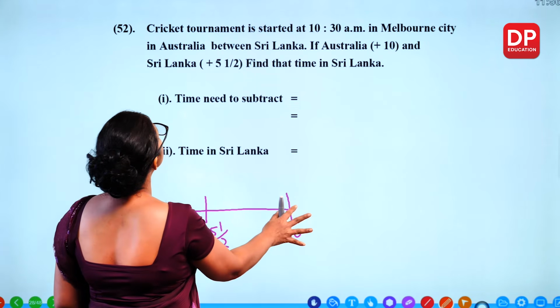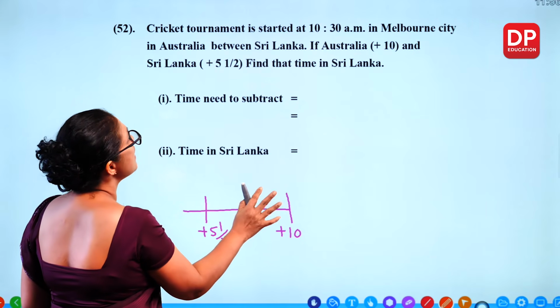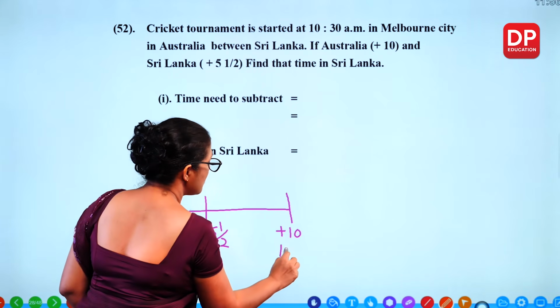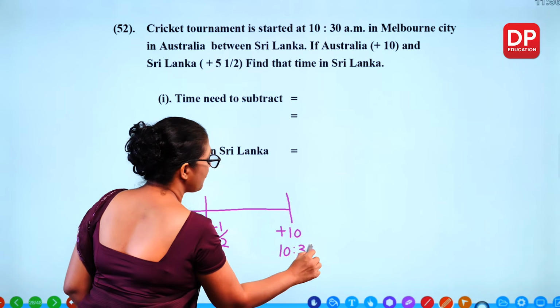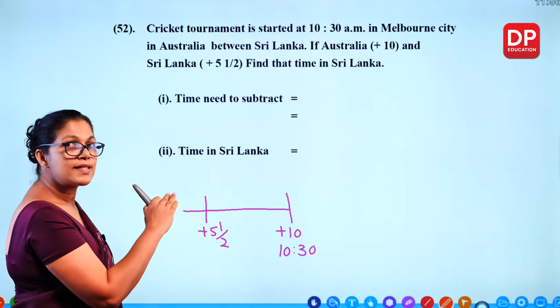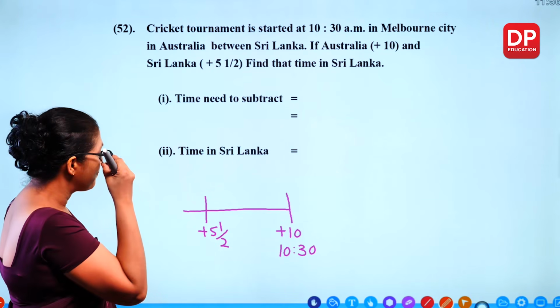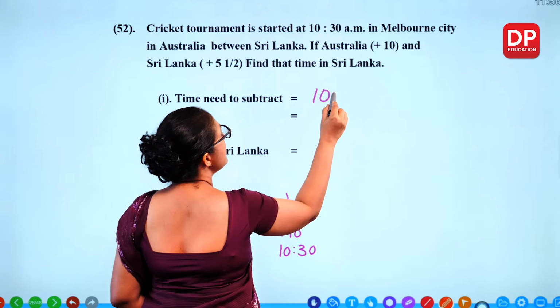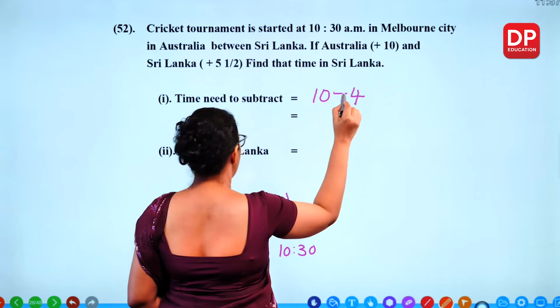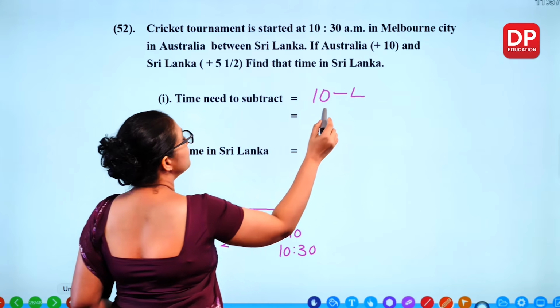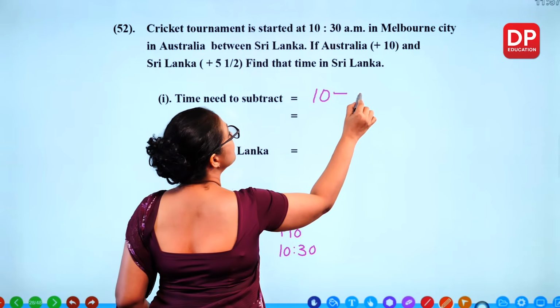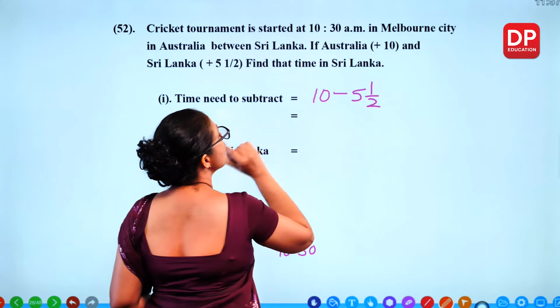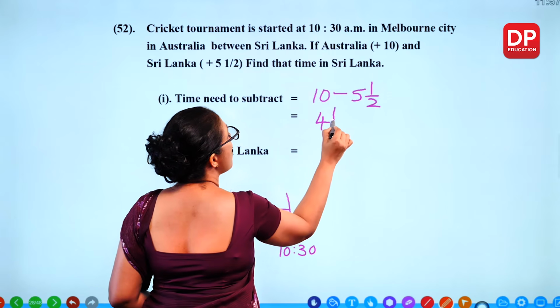So this time is given. The tournament started 10:30 a.m. in Melbourne. So this is 10:30. So this way, to the west side, you have to subtract the time. So what's the time you need to subtract? 10 minus 5.5 means 4.5.